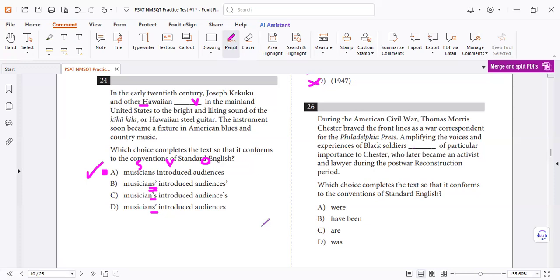26. So 26, no. Must be letter D. Why? Because your subject is in here, gerund.